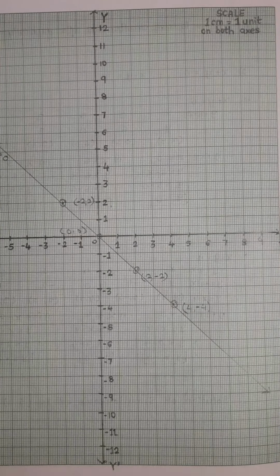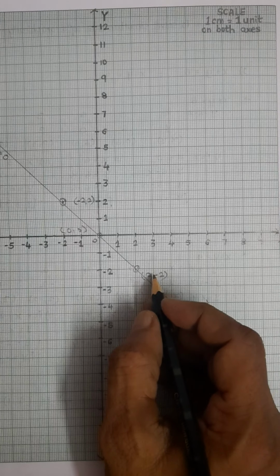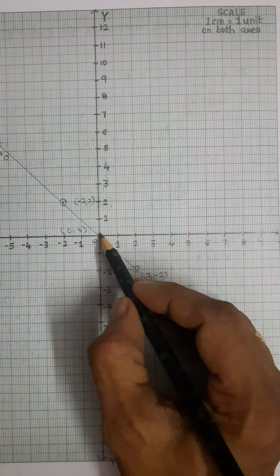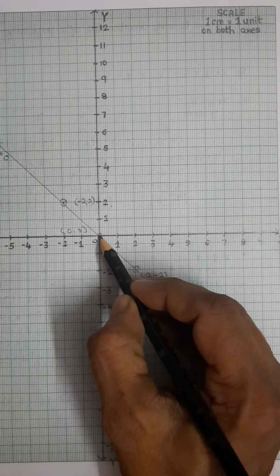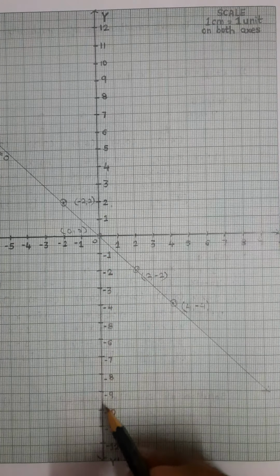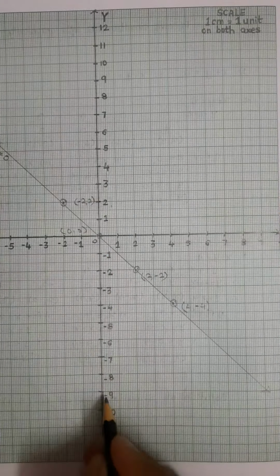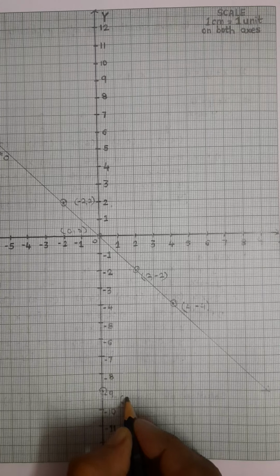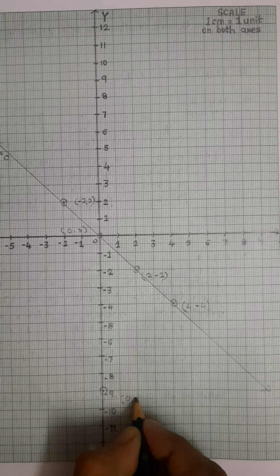See here students, we have to plot the first point, that is (0, minus 9). On the x-axis it is 0. On the y-axis we have to see the minus 9. Therefore it is minus 9. We got this point, and this is our first point, that is (0, minus 9).